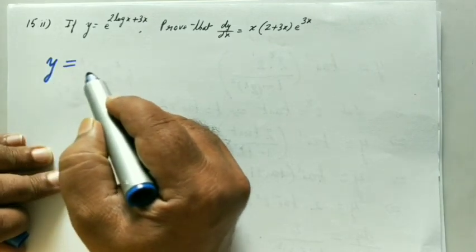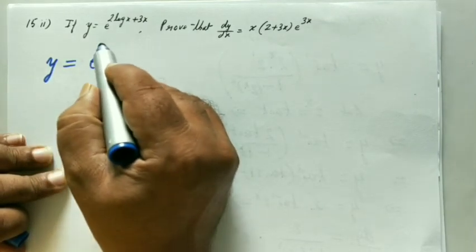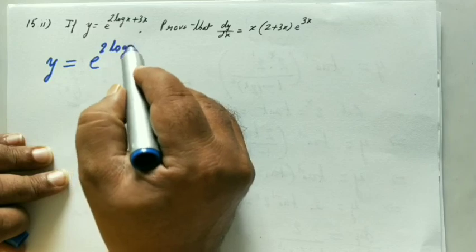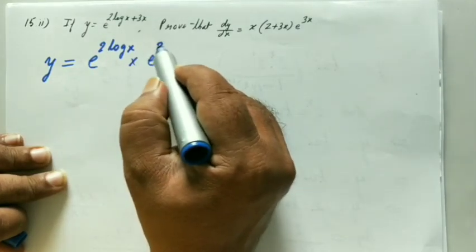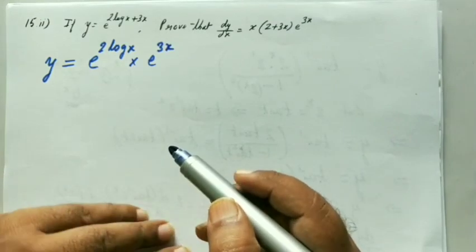This, I can write here y is equal to e to the power 2 log x into e to the power 3x, indices concept.